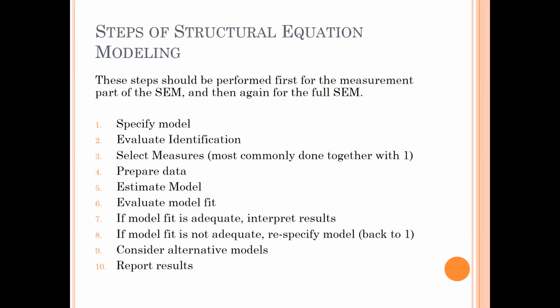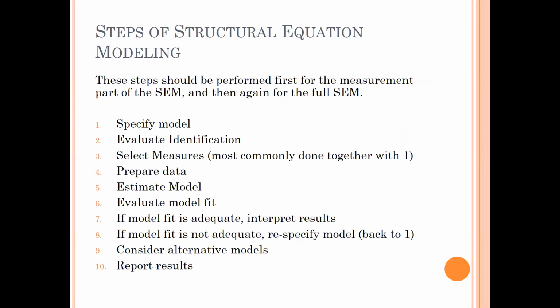So structural equation modeling is a process that has multiple steps. First, you specify a model according to theory. Then you evaluate identification, which is to evaluate if you have the right amount of data to estimate that model. Then you select measures. Steps one, two, and three are typically done together.